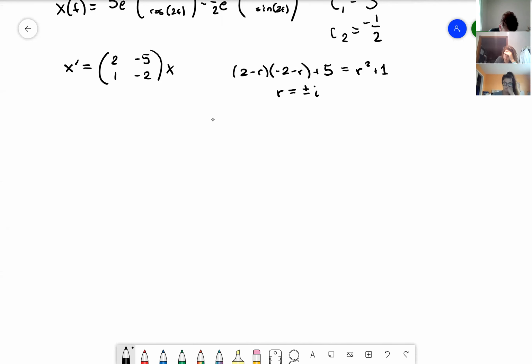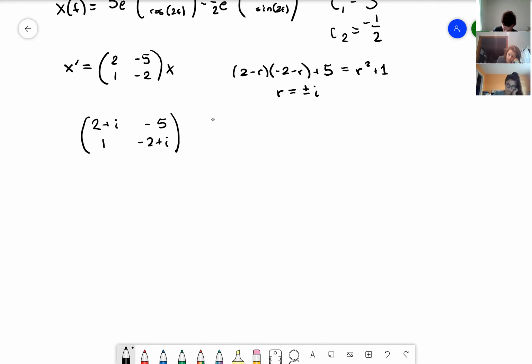All right, now to get the eigenvectors, we will have the matrix 2 minus i, 1, -5, -2 plus i. I'll choose the minus i because it's nicer to write pluses.